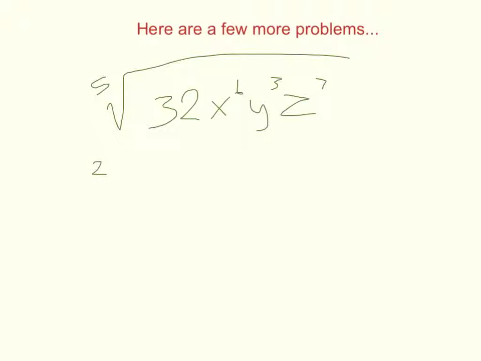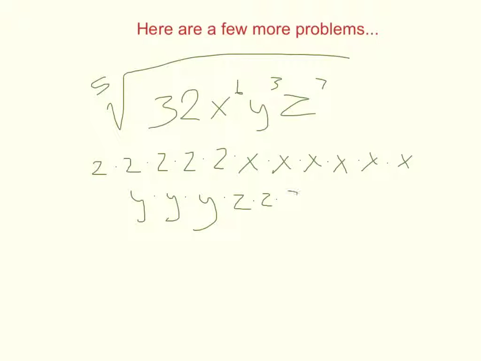So we've got 2 times 2 times 2 times 2 times 2. That makes the 32. We've got 6 x's. 1, 2, 3, 4, 5, 6. Got 3 y's. It's y, y, y, and 7 z's. 1, 2, 3, 4, 5, 6, 7.